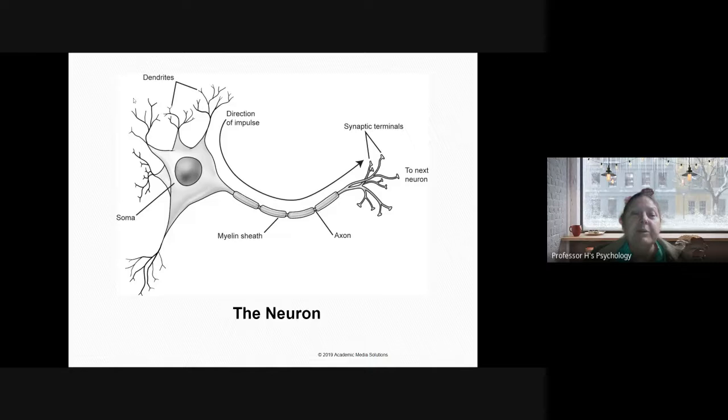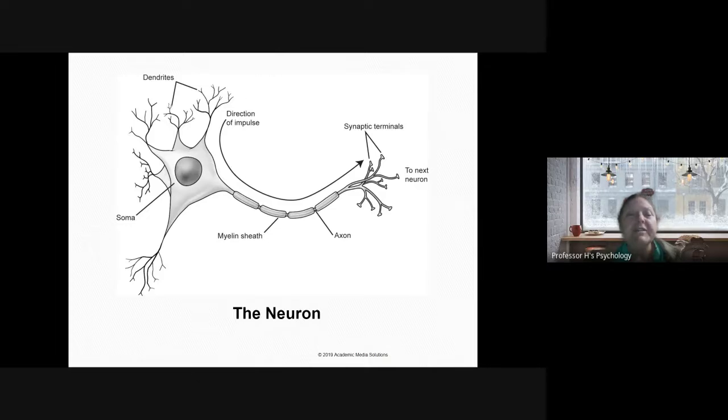That neurotransmitter would float over here and bind to one of these dendritic spines that has a receptor. So it'll bind to that receptor and cause changes within the cell. If enough change occurs in this cell, and actually what's happening is it's changing the electrical voltage of the cell.